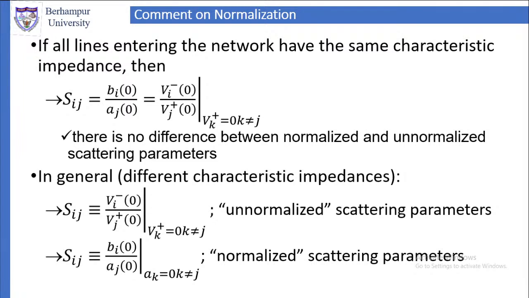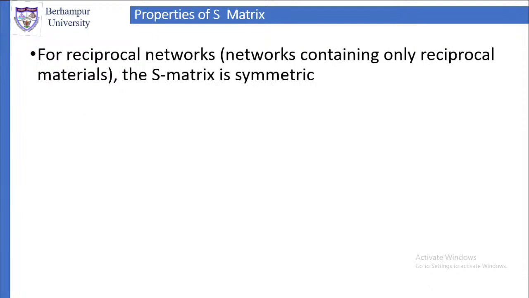The characteristic impedances are not equal, therefore Bi by Aj is not equal to Vi by Vj. That is why the normalized scattering parameter is different from the unnormalized scattering parameter.